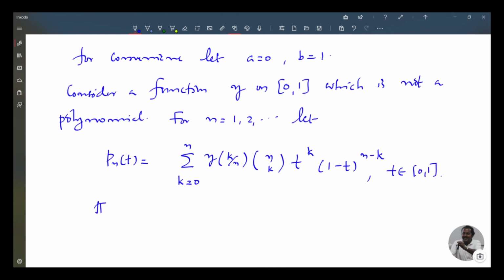Then as in the proof of Theorem 3.12, norm of P_n minus y converges to 0 as n tends to infinity.